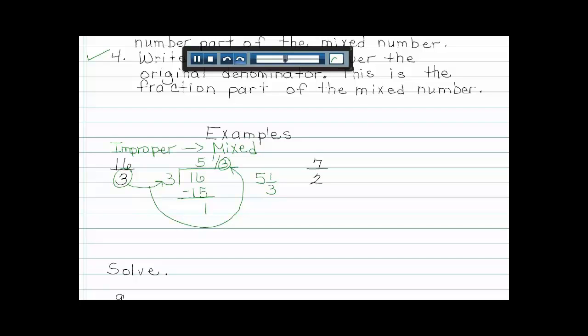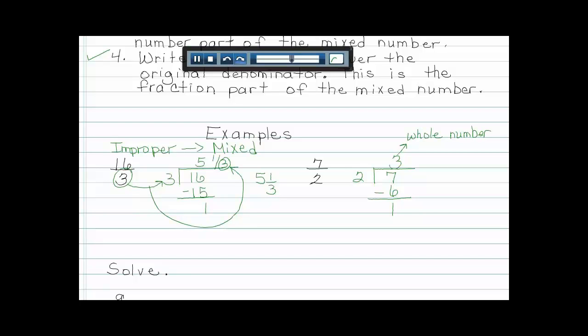Let's try another example, and let's try 7/2. We're going to divide 7 by 2. And again, 2 goes into 7 3 times. 3, as you recall, is our whole number. Three times 2 is 6. Let's subtract that from 7, and we have a remainder of 1.